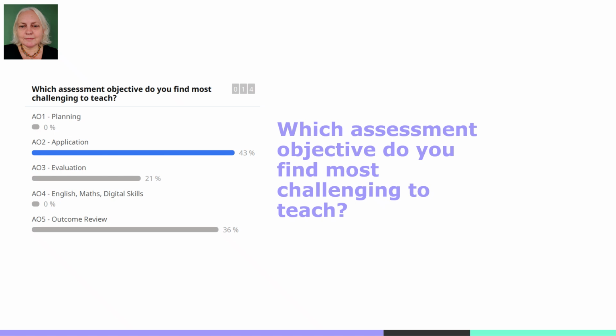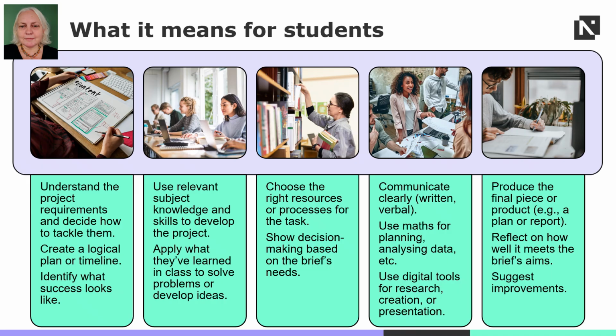There seemed to be very few issues around planning or embedding the English, maths and digital skills. So if you weren't attending the live session, have a think about whether you agree with this, whether your own views align with those of the other participants, and which of these assessment objectives you also find more challenging to embed into delivery.